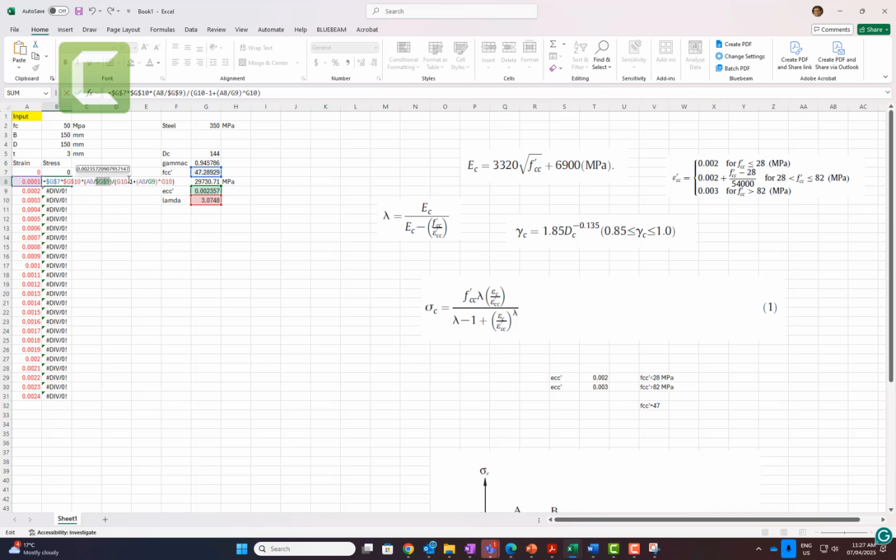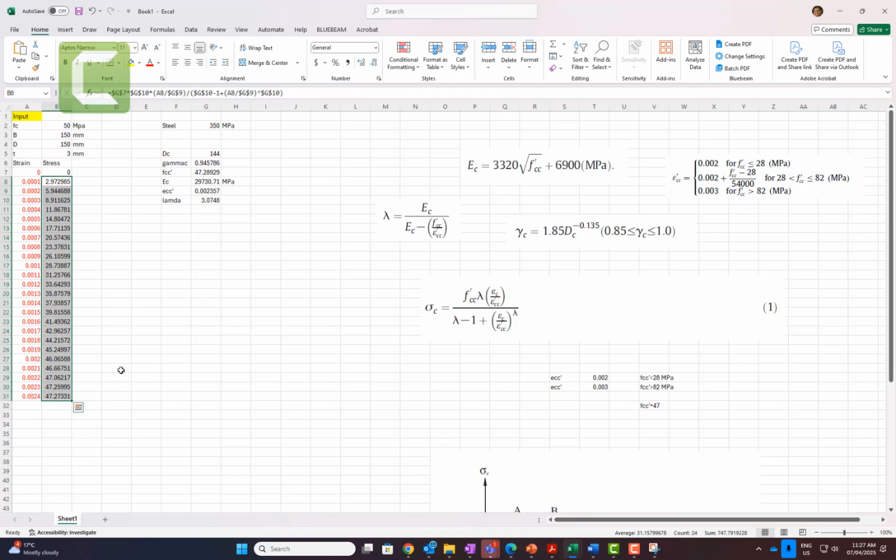Let's lock these ones, and these ones need to be locked as well. Just press F4, that will lock everything. Yep, so that's pretty much it.